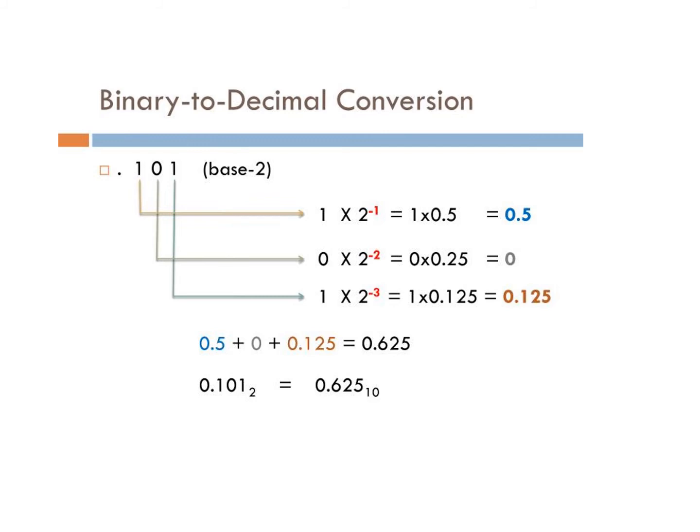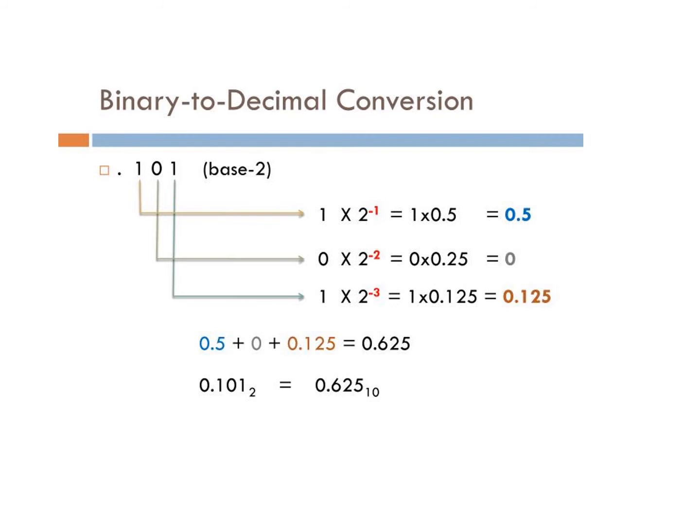Starting from the left, its power is 2 raised to power minus 1, then the next position is 2 raised to power minus 2, and the next position on the right is 2 raised to power minus 3. 1 multiplied by 2 raised to power minus 1 equals 0.5. Then 0 multiplied by anything is 0. Then 1 multiplied by 2 raised to power minus 3, which equals 0.125.